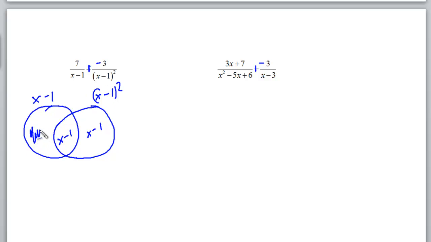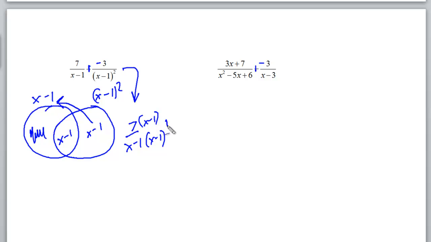This right-hand side stays exactly the same. But the left-hand side gets multiplied by the right-hand side, so this x minus 1 has to be multiplied by another x minus 1. So I'm going to rewrite my problem down here: 7 over x minus 1 gets multiplied by x minus 1.